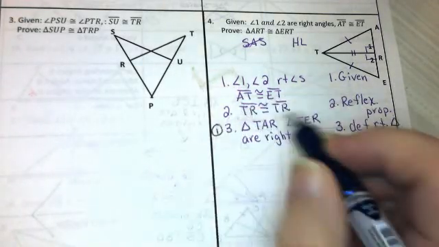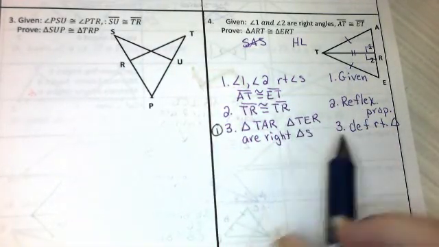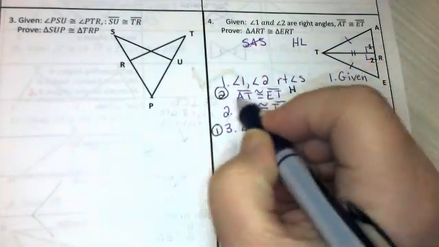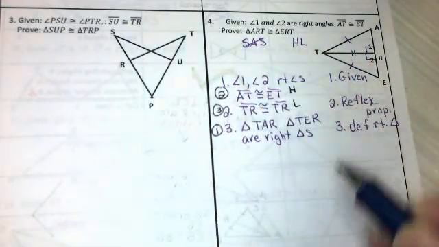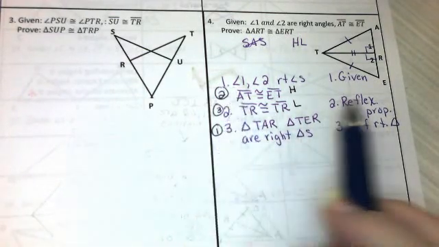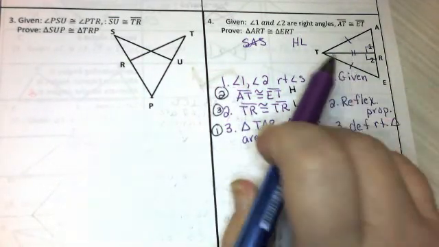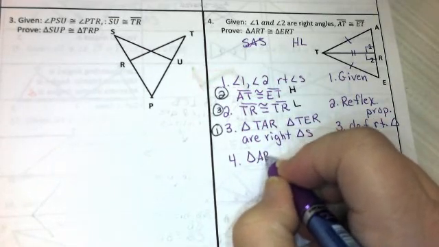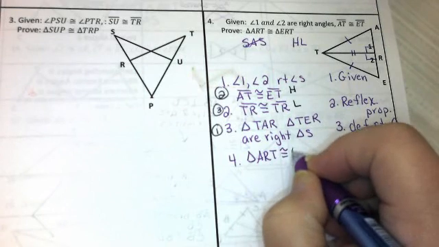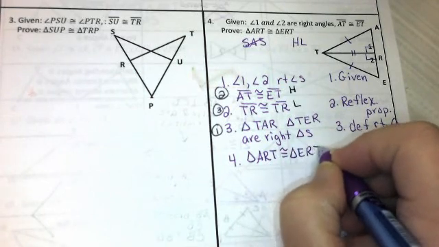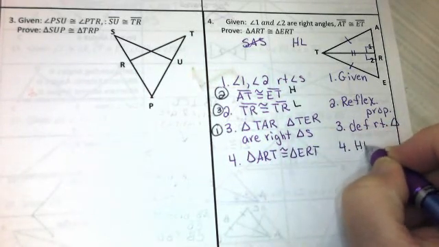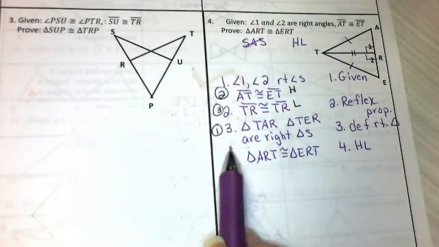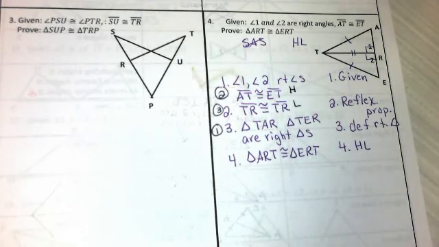Number 1, we said these are right triangles. Number 2, we have a hypotenuse. Number 3, we have a leg. So we have all of the pieces that we need in order to use HL. So I'm going to say that triangle ART is congruent to triangle ERT by HL. So whenever you are going to use HL, you have to say that these are right triangles.